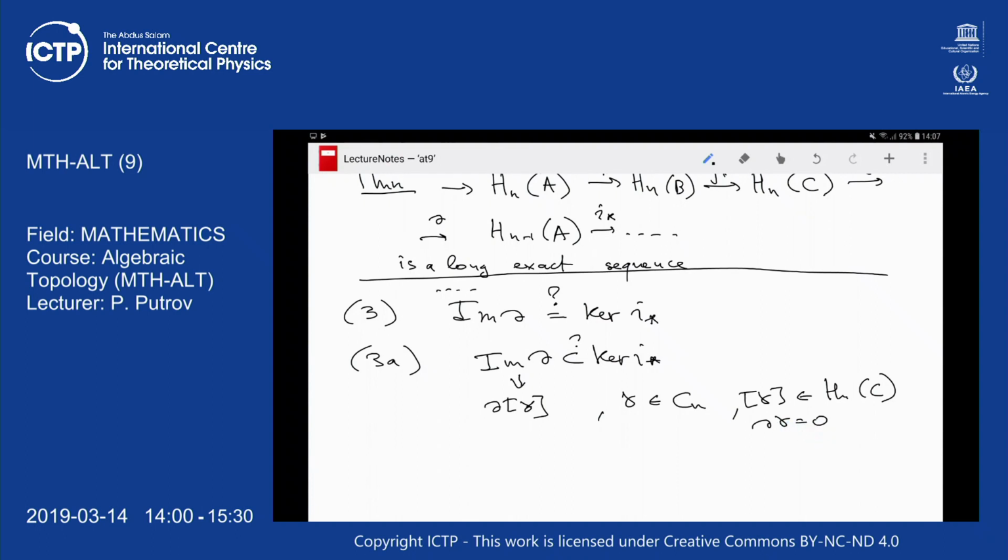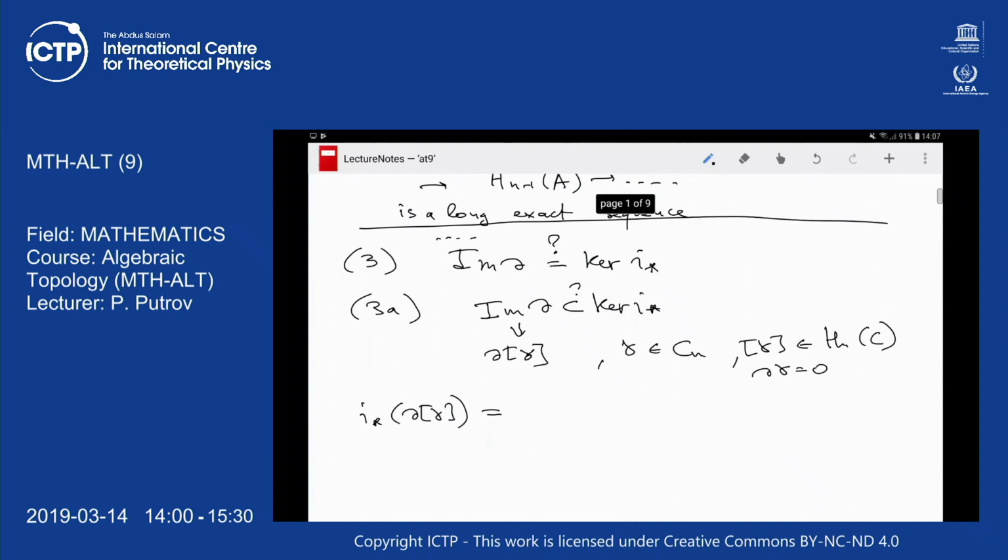So this should be a cycle. We want to show that this is also in the kernel of I star. So if we act I star on this element, this should vanish. So let's check this.